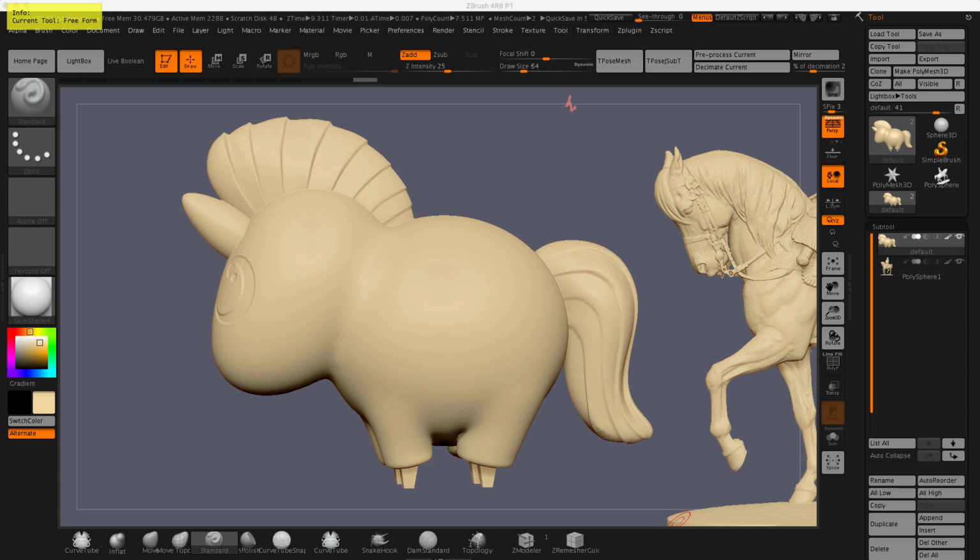So with our horse here, obviously our unicorn, but horse, simple egg shape, right? The body, again, is sort of an elongated sphere.